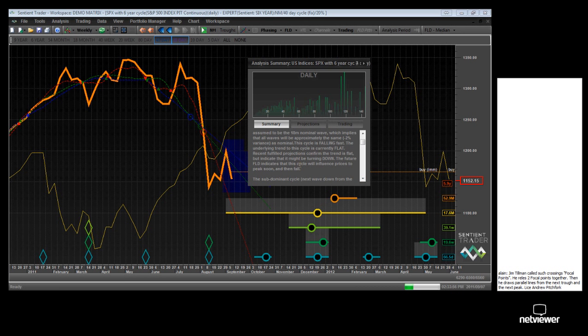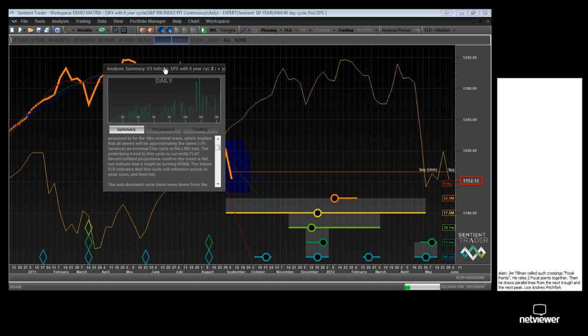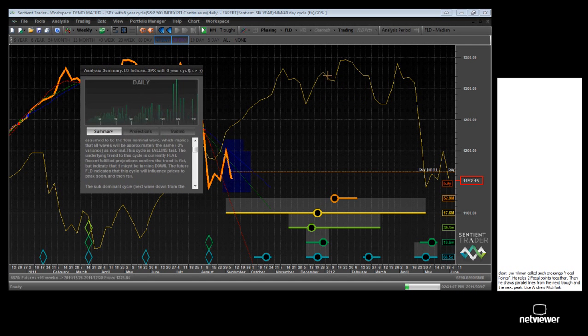It's assumed to be the 18-month nominal wave, and the cycle is fast. The underlying trend of the cycle is currently flat. Recent fulfilled projections, those are FLD and refined projections and others, confirm the trend is flat but indicate that it might be turning down. The future FLD indicates that this cycle will influence prices to peak soon and then fall.